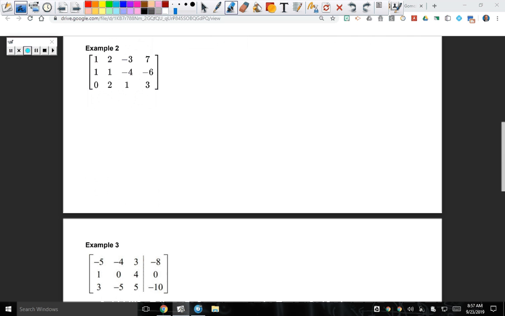Remember, step 1 is establish the roadmap. Establish your roadmap. What direction do I need to go to progress through this now 3x4 augmented matrix? So this is a 3x4, 3 rows by 4 columns, which we used to call 3 equations and 3 variables.